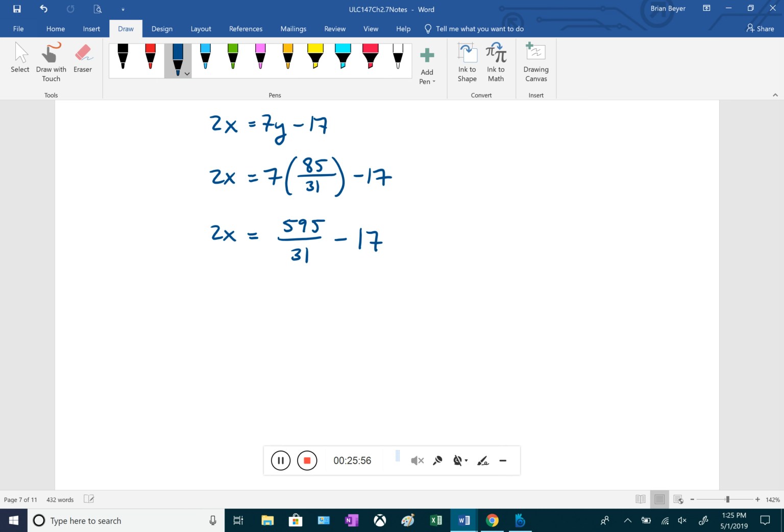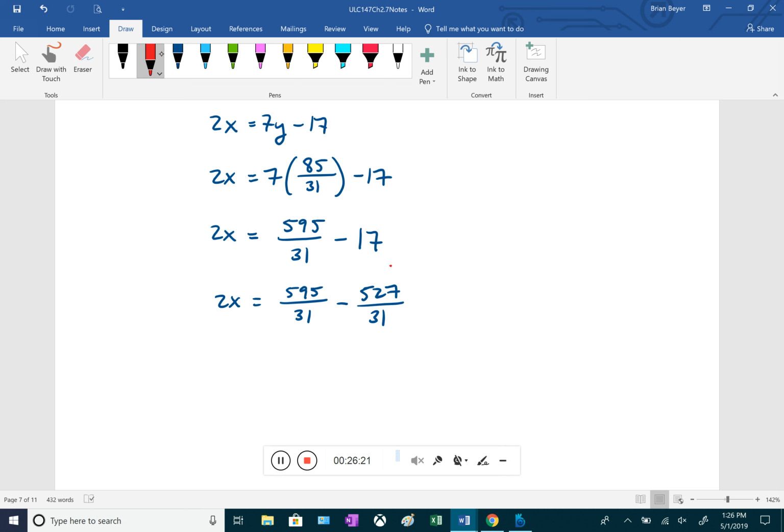So now we would have to get common denominators here on the right. So getting a common denominator of 31. 17 rewritten so it has a denominator of 31 would be 527 over 31 because that would be multiplying 17 over 1 by 31 over 31.